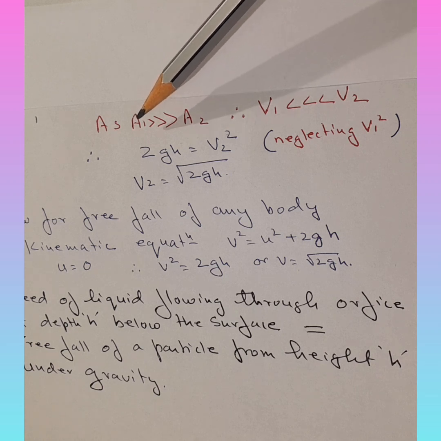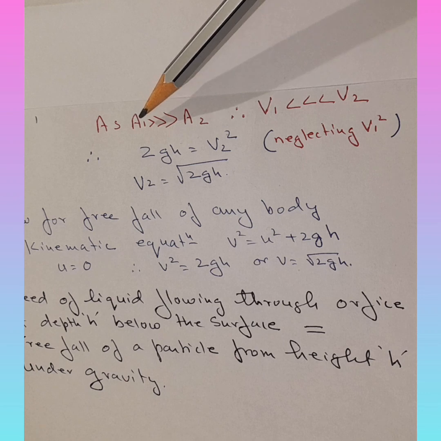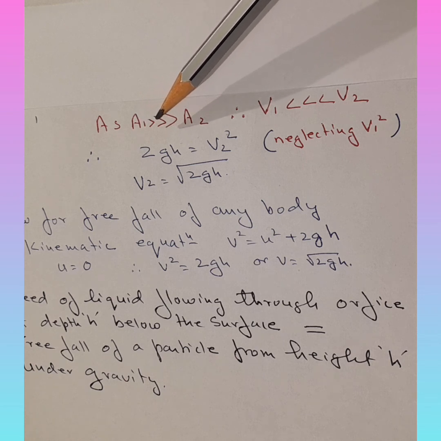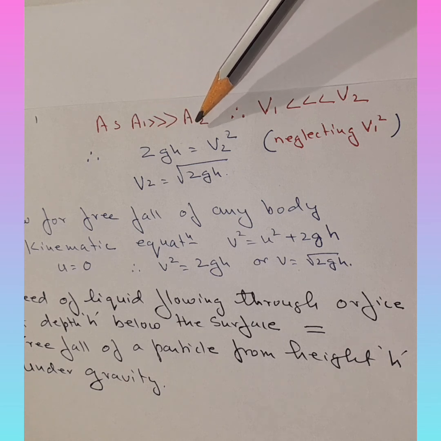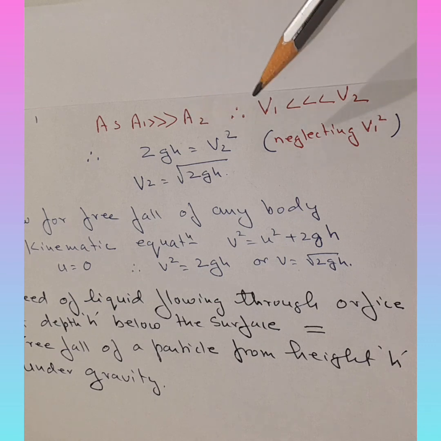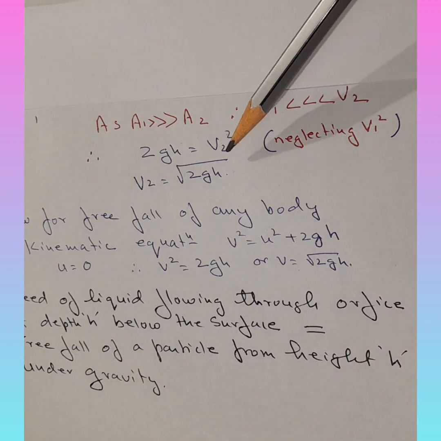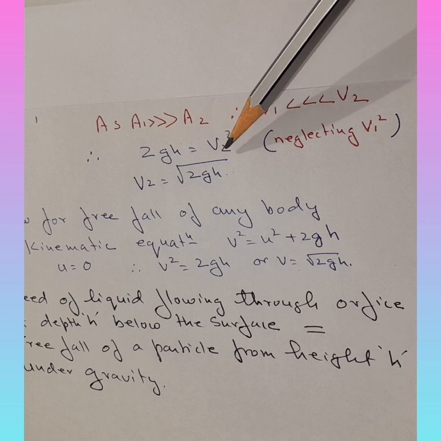The area of cross section of the water tub is very much greater than the area of cross section of the aperture. So obviously V1 is very small compared to V2. So that's why we got 2GH is equal to V2 square.